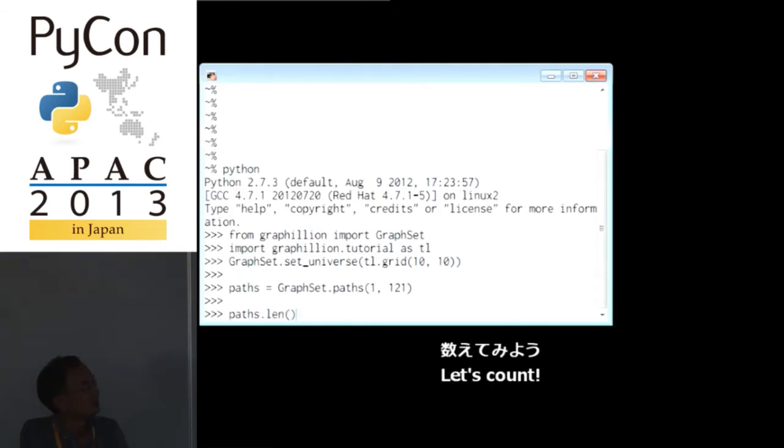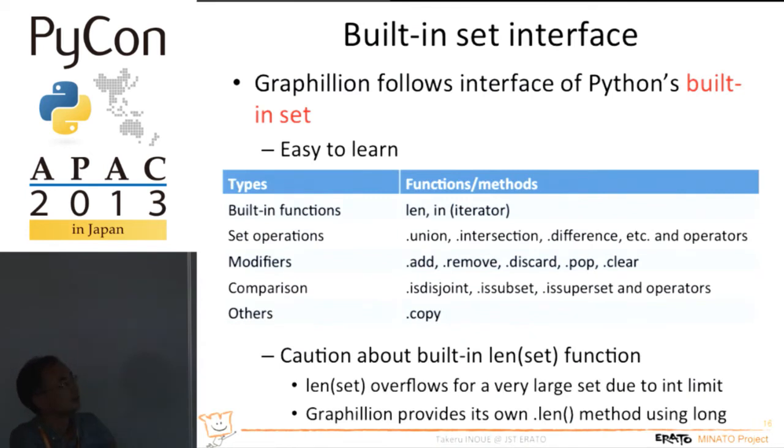Okay, let's continue. Here we use the len method, L-E-N method, of the graph set object paths to count the number of paths stored in this object. We can also use Python's built-in len function to count it. Actually, Graphillion follows the interface of Python's built-in set completely, and this means it's very easy to learn.